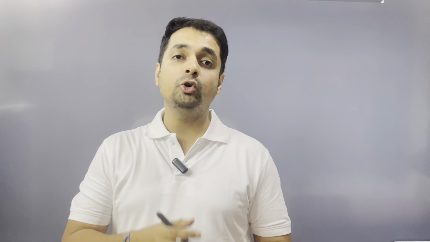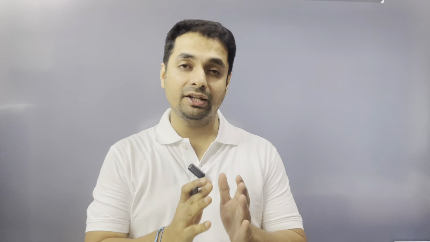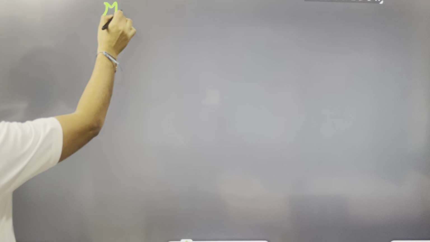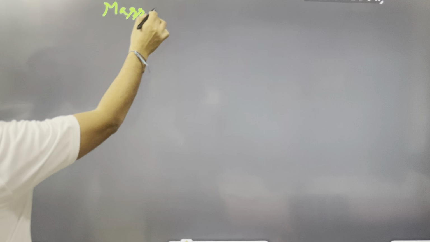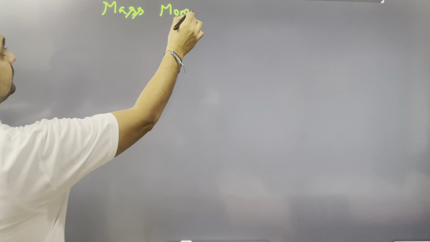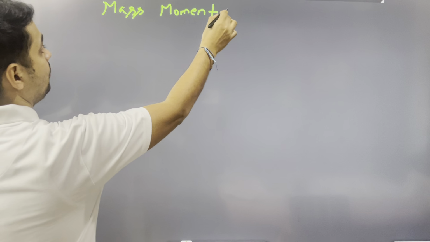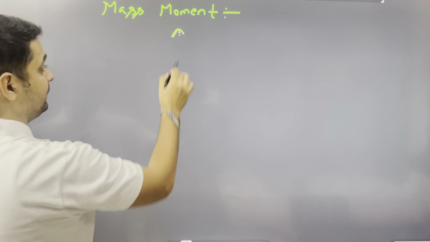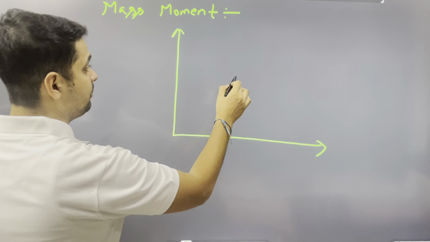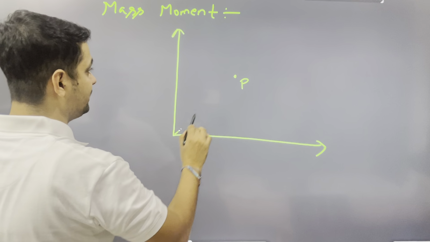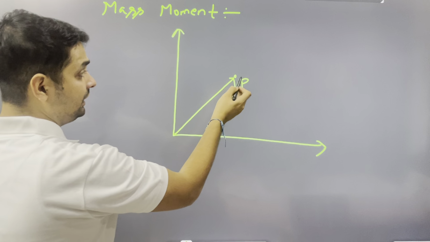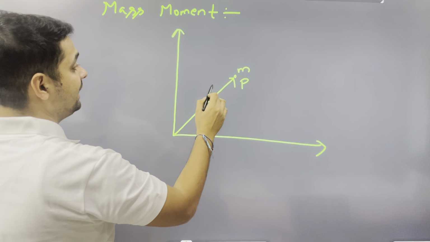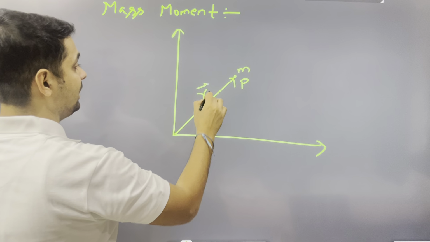Before understanding how to find the center of mass, we should understand the mass moment concept. So what is the mass moment? Mass moment can be defined as, for example, any particle is here at point P. Let the particle at point P have mass m, and the position vector of this particle is r vector.